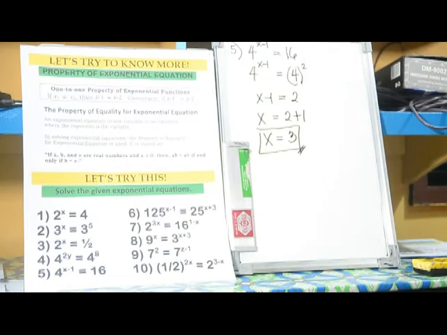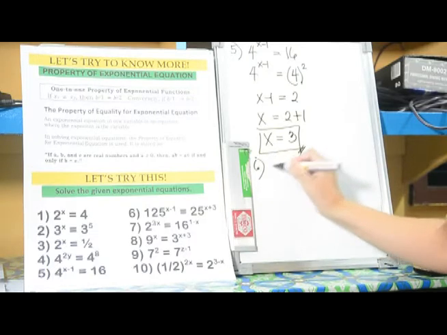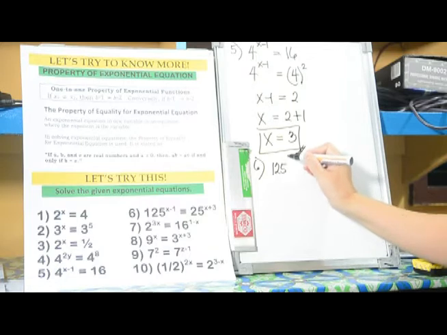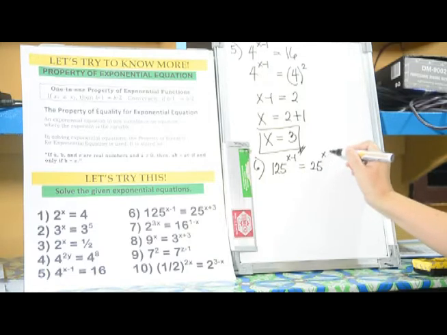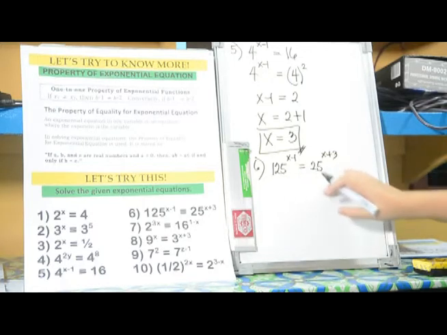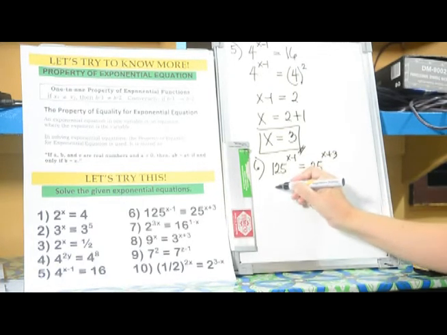And how about number 6? Let's try number 6: 125 raised to the power of x minus 1 is equal to 25 raised to the power of x plus 3. We don't have the same base, so we'll get the common base, which is 5.